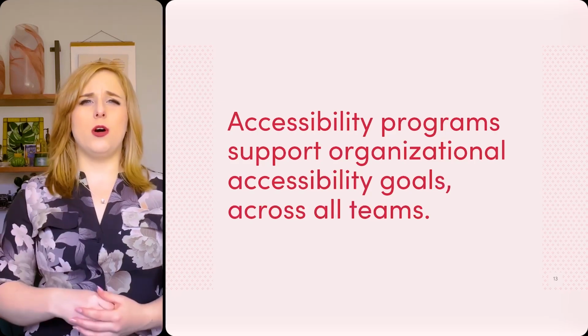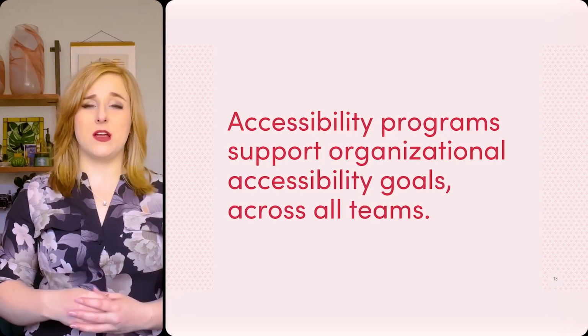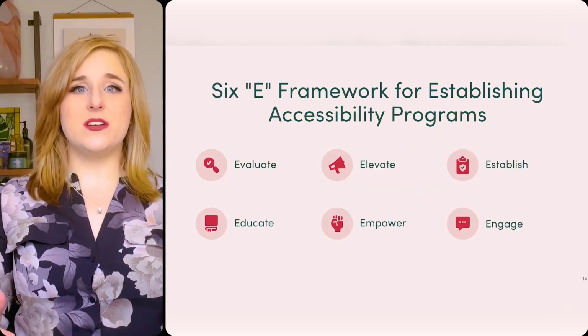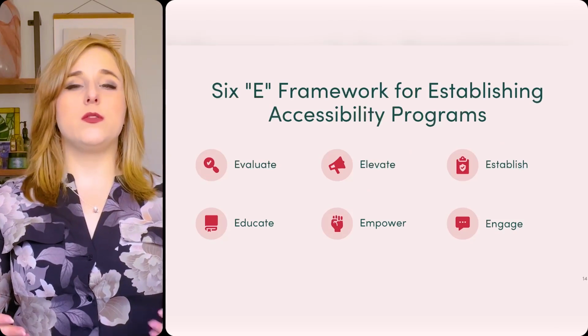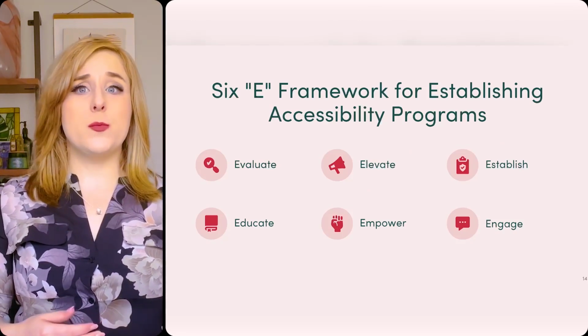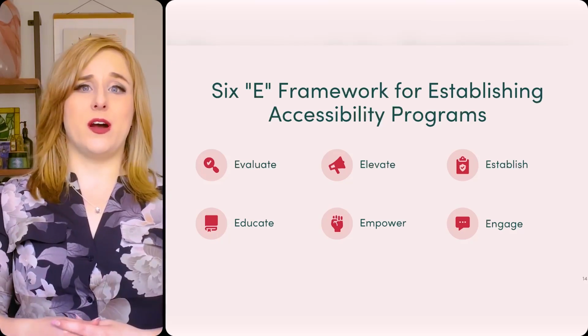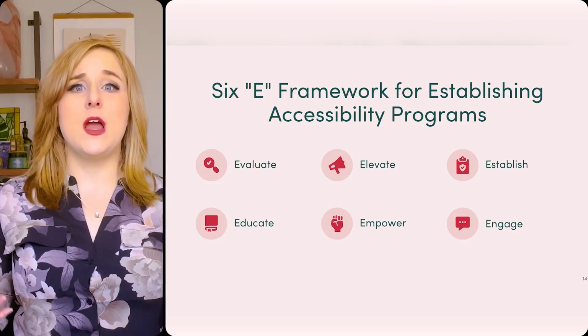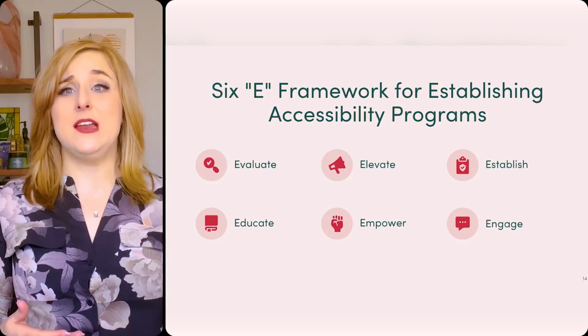But then what's involved in establishing and maintaining accessibility programs? I'm going to discuss accessibility programs using something I've developed called a 6E framework. This framework is just my way of organizing my thoughts around different parts that come into play when establishing and maintaining a program.